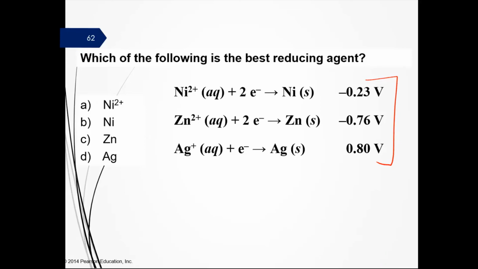So that's great. It wants to reduce. That makes it a very bad reducing agent, right? Because if it's reducing, then it's going to cause the other thing to oxidize instead. So it really doesn't want to oxidize. So this is a good one that wants to reduce. So that makes it a good oxidizing agent.